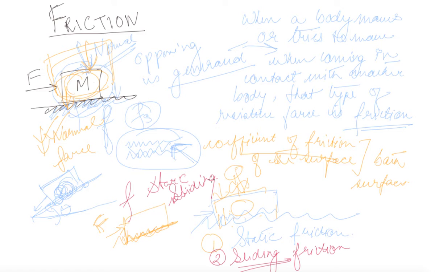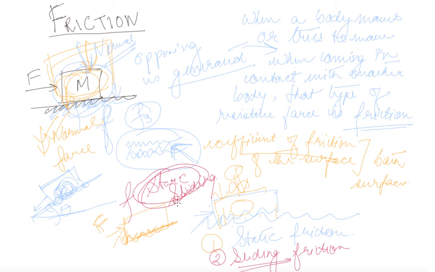Now let me explain the difference between static and sliding friction. When an object is at rest, in order to move it we need a force equal to its static friction. In order to move a body from rest to motion, static friction comes into play, the initial force that needs to be applied.